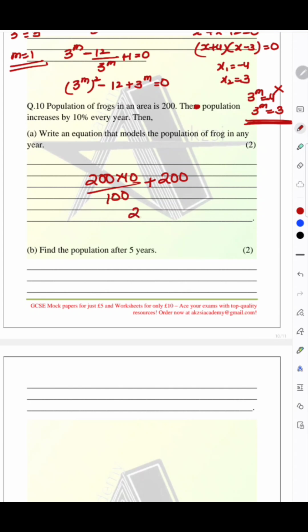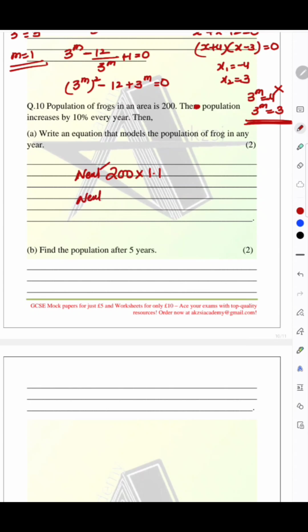Taking 200 out as common, this will give me 1 plus 10 over 100, which is 1.1. So this is why I have directly written it, and once you start doing some questions, you can write that directly. So 200 increased by 10% means times 1.1. This is for the first year, originally it was 200. Next year was this one.